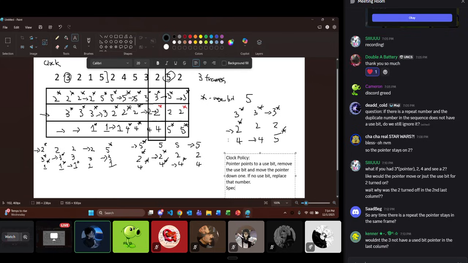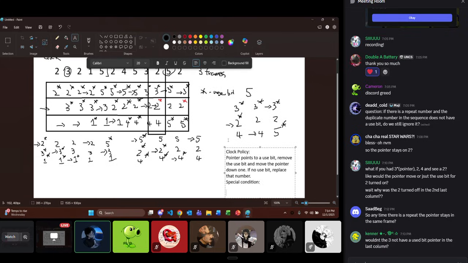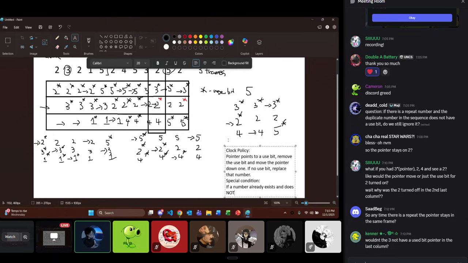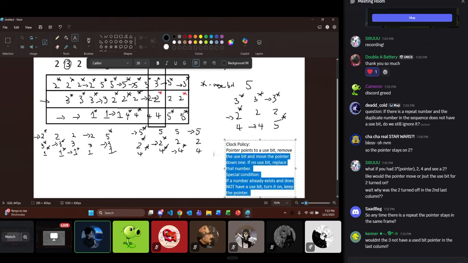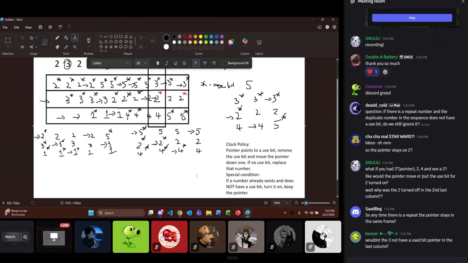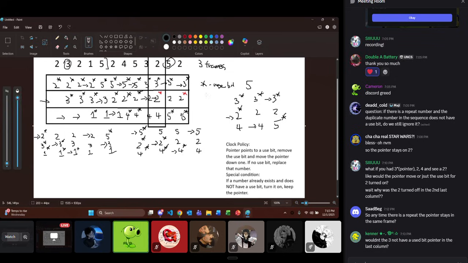And then the special condition is that if a number already exists and does not have a use bit, turn it on, keep pointer. So that is literally clock policy in a nutshell. Any questions in that regard?